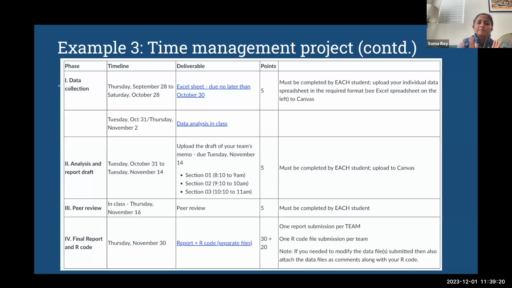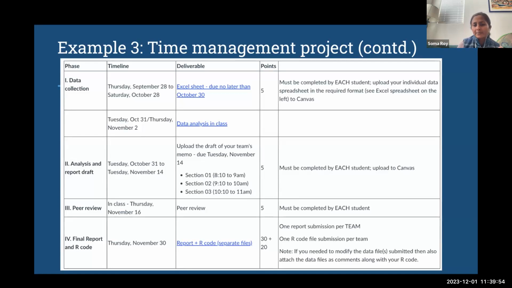For example, in the first month they collect the data, and at the end of data collection they have to turn in that data spreadsheet. It's worth only 5 points out of a 70-point project, but it's enough that they do it on time. After they turn that sheet in, we spend some class time making sure they're okay with carrying out the analysis in R. Then they work outside of class to generate the report, or memo, and turn in a draft.